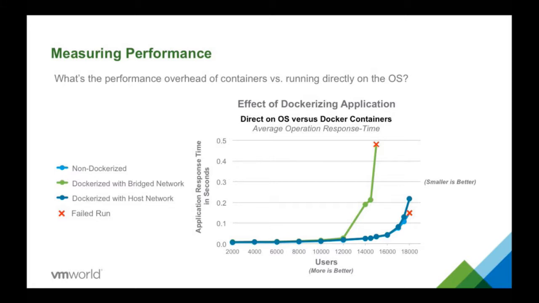They all perform almost identically up to about 12,000 users, at which point there are some challenges with the bridge network option in Docker, which causes it after that point to have severe latency and fail the quality of service there. The others basically perform pretty close up to about the 18,000 mark. You can, of course, determine how many users you want to load in. The more users will determine how much data gets loaded in the front end so that it can run those.